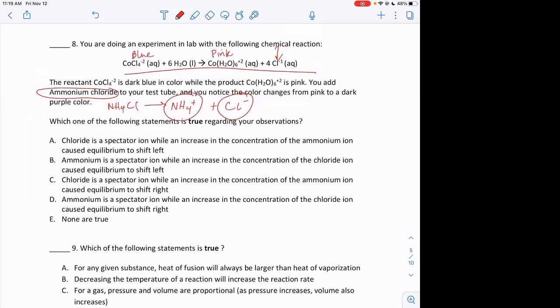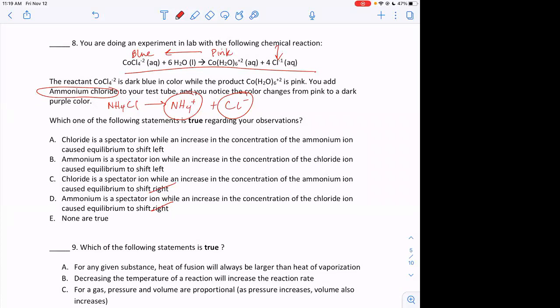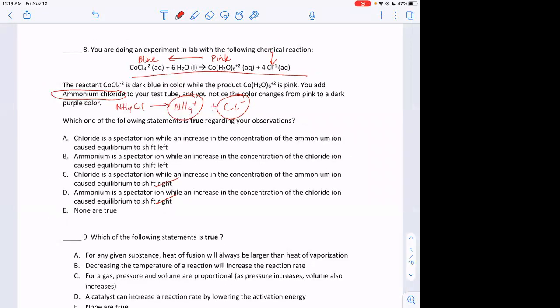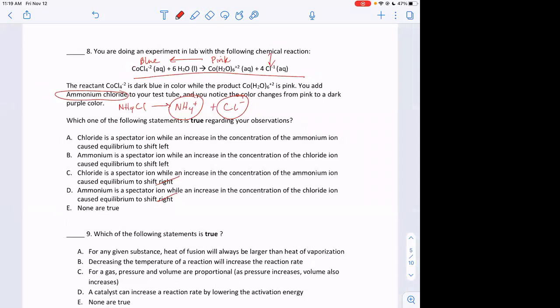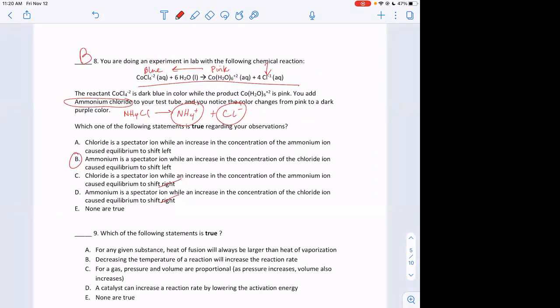So it's shifting left. So you automatically should have crossed off anything that said it's shifting right. That's not correct. So you're just picking between A and B here. And B is the one that says ammonium is a spectator ion. Chloride ion, an increase in that would shift equilibrium left. Okay, so B is the correct answer there. It's so slow. Sorry, guys.